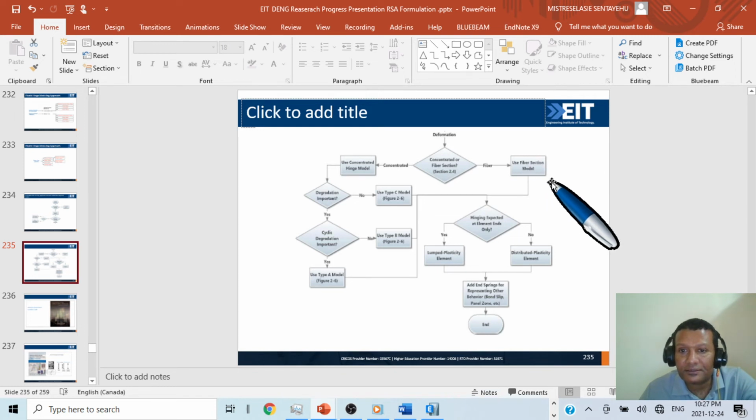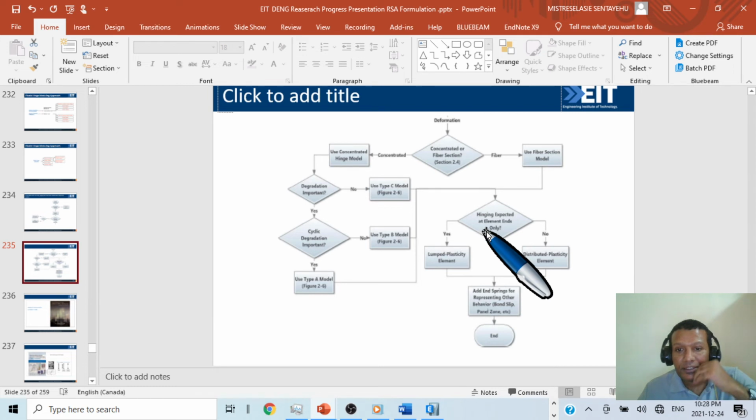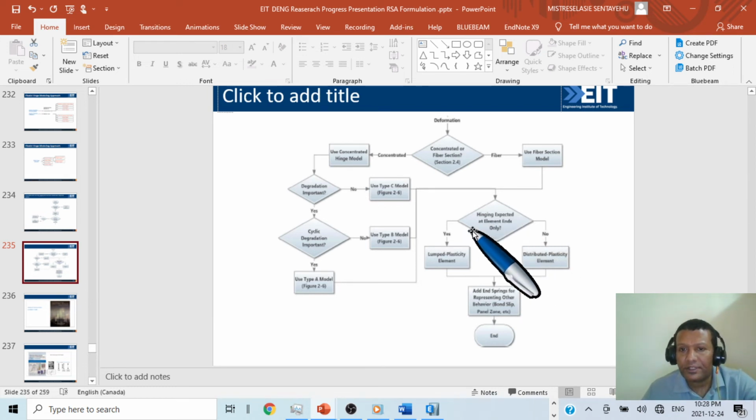If it is fiber section modeling, then you come here and again you have to choose: is yielding expected at the element ends only or not? If yes, go to lumped plastic element. If no, distributed plastic element. Once you choose this, add a spring for representing other behaviors.